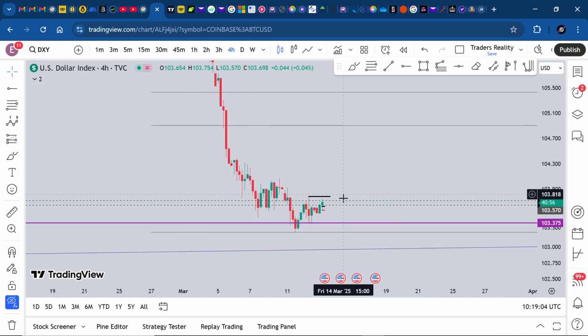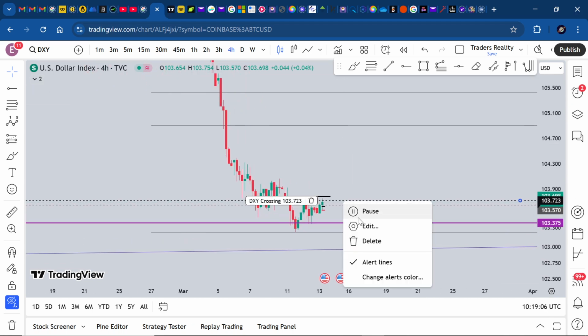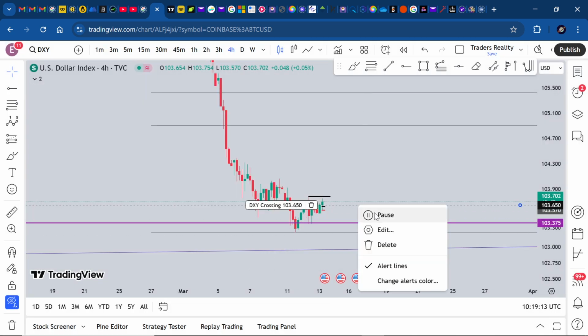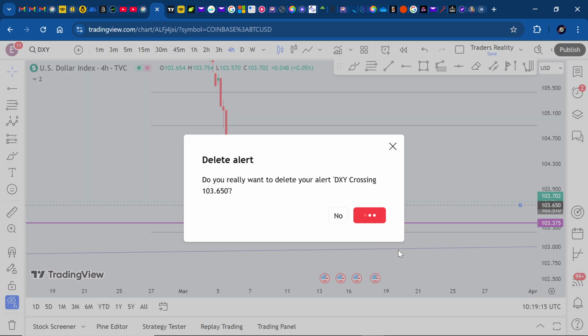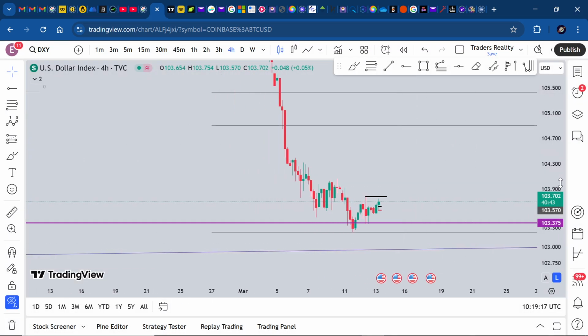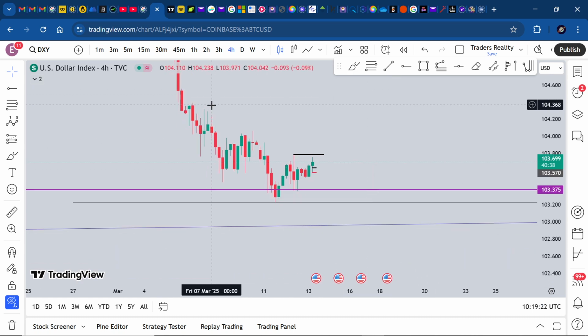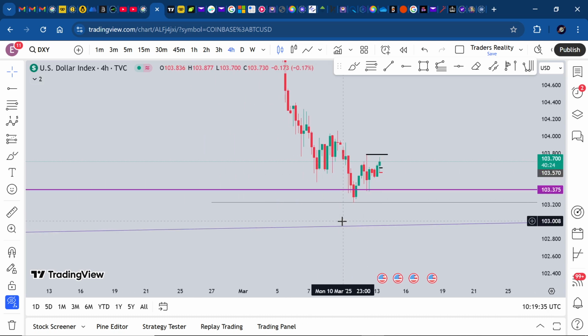All right, let me get rid of my alerts. Okay, currently I've got these two black lines here drawn, yeah. I'm thinking 1, 2, 3, 4, 1, 2, 3, 4, 5.